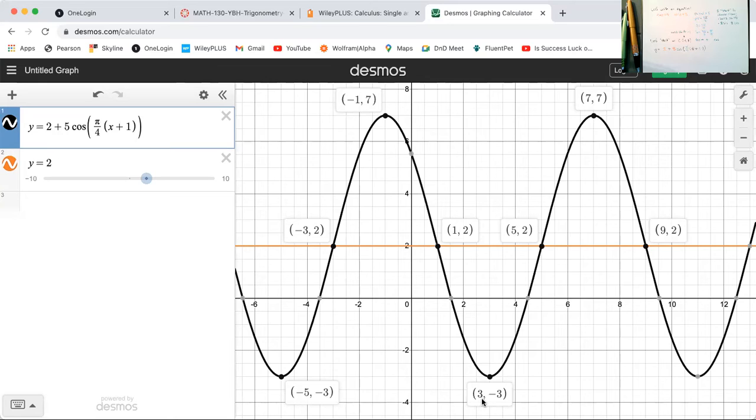So if half the period is 4, then the whole period is 8, and a quarter period is 2. So that's why all the x coordinates are 2 units apart. Any questions?